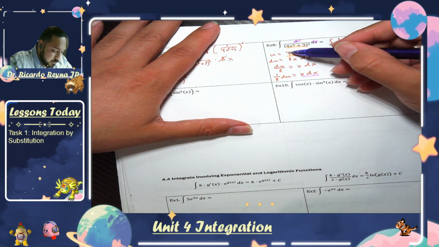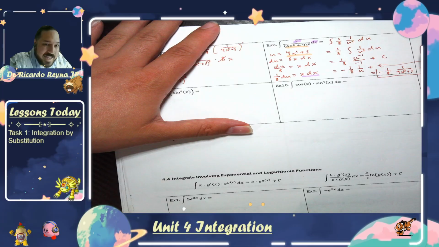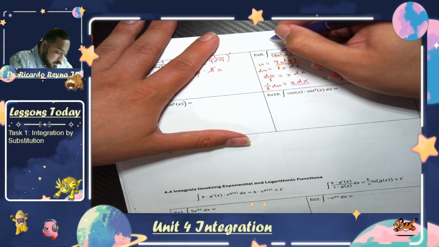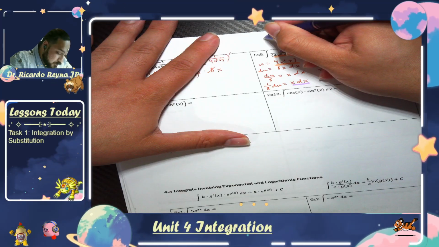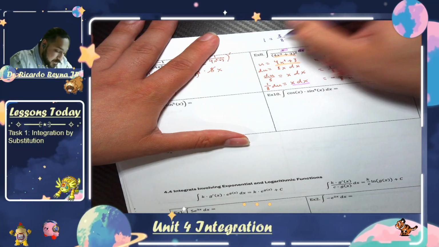So if you saw 4x squared plus 3, and you're like, well, if I multiply by 8, it'd be there, which you can. You can multiply by 1, but instead of writing 1, you're going to write 8 over 8.